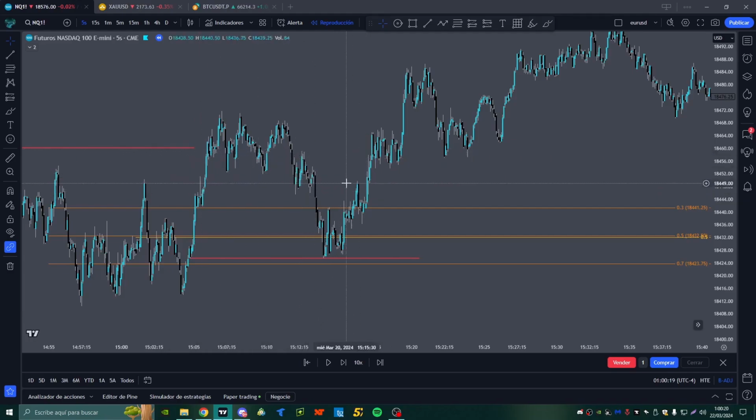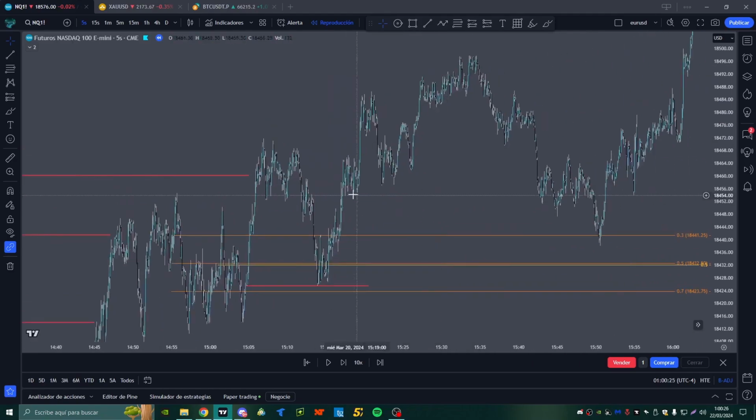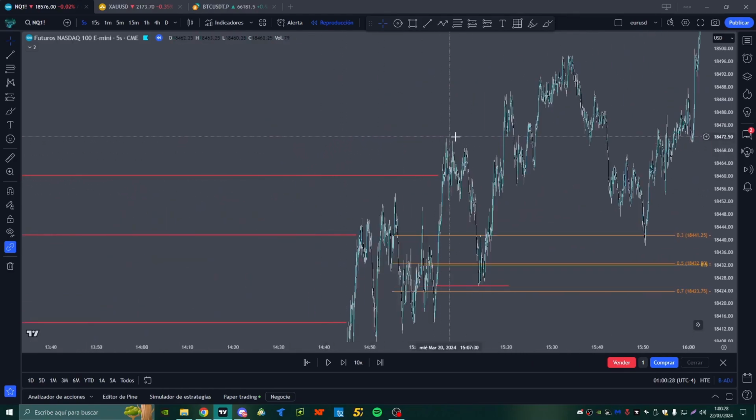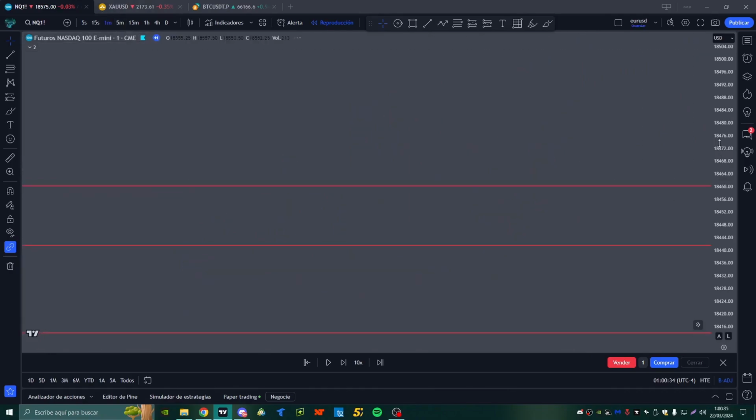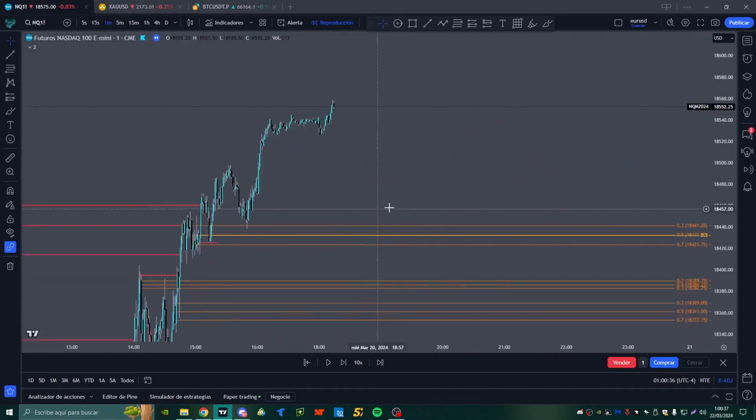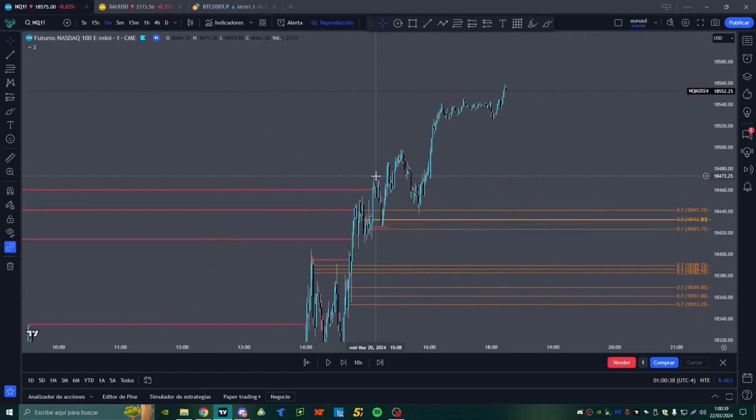We break it. Because of this, the price returns to it, and from there, it goes, and in turn, this becomes the responsible for breaking this. From there, we get a continued retracement to the previous range.